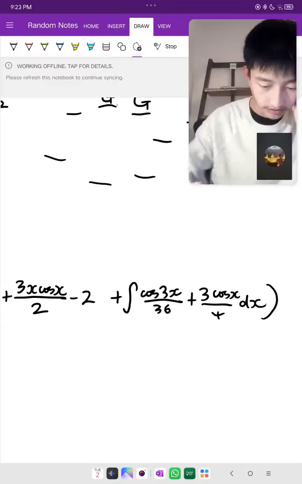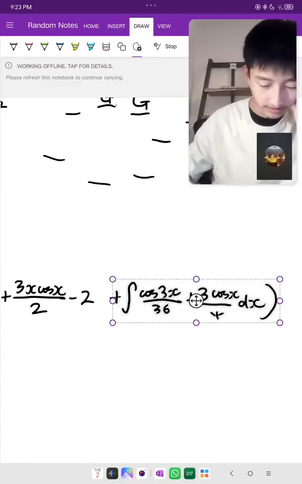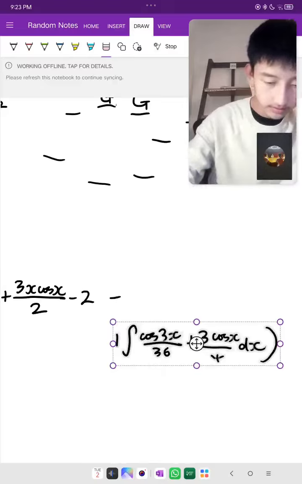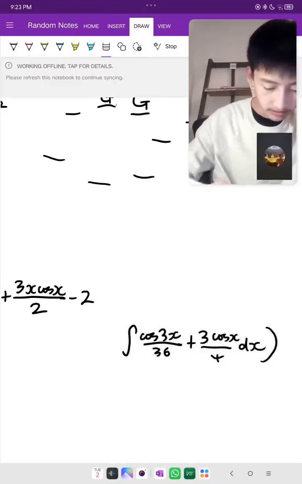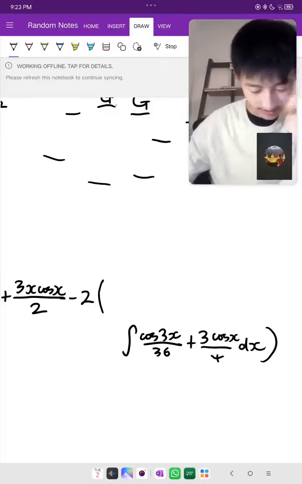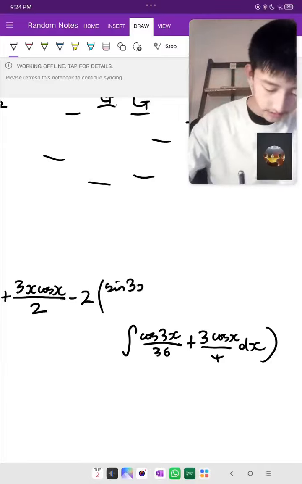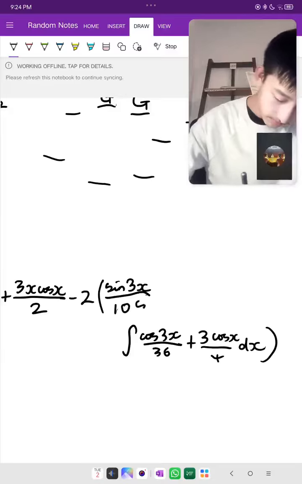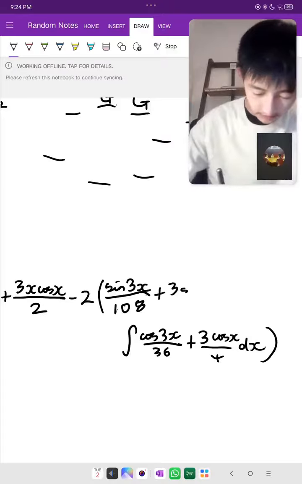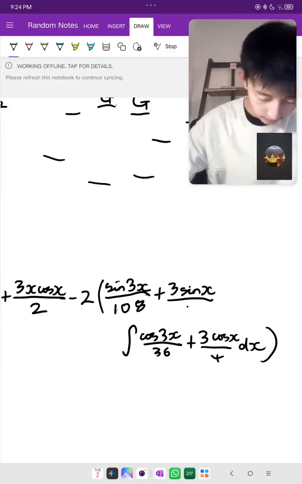So if I again use my lazy technique of moving this down, we're subtracting 2 times sine 3x over 108 plus 3 sine x over 4.